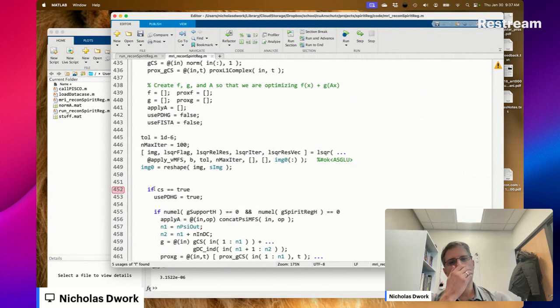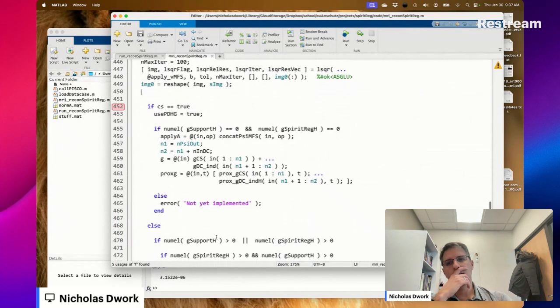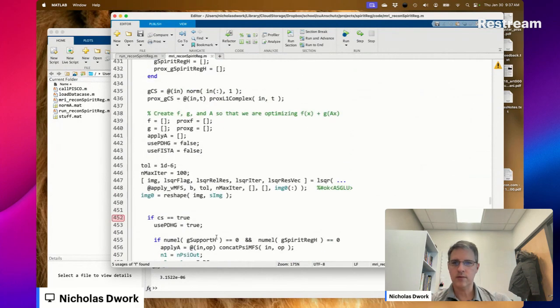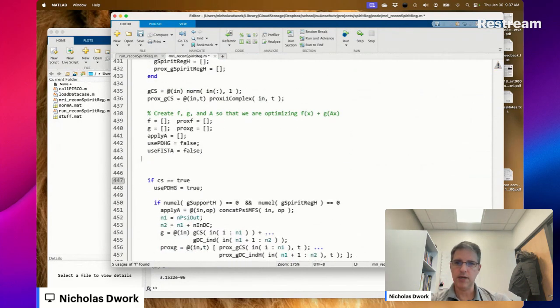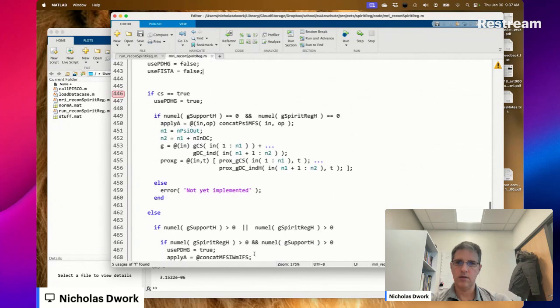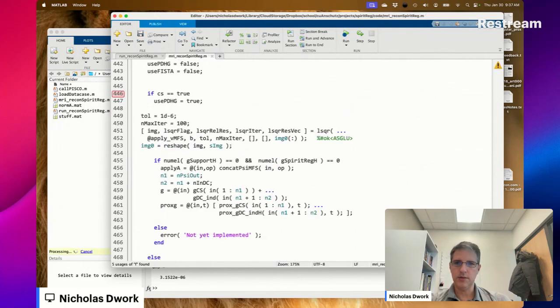Okay, so I think the thing to do, here's how I'm going to code this up right now. If compressed sensing is equal to true, we're going to do this.